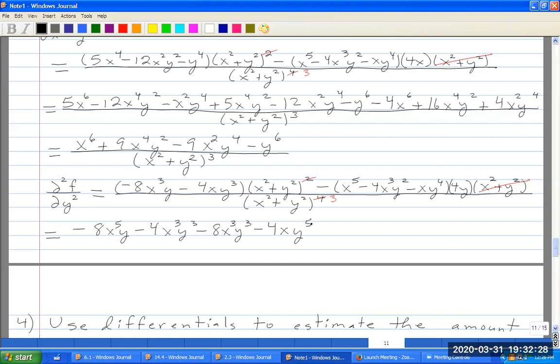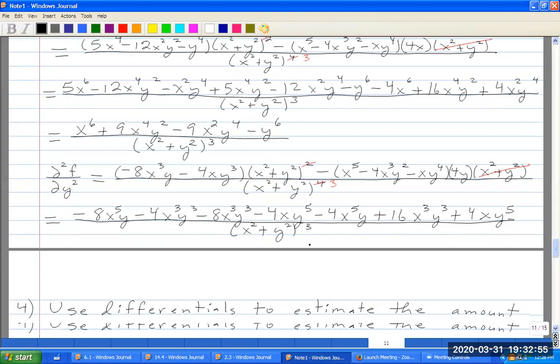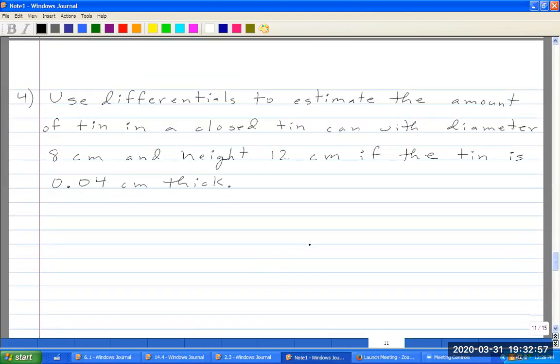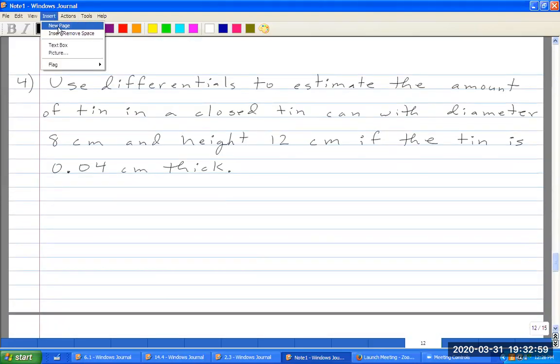Multiply everything by negative 4y, so minus 4x^5y plus 16x^3y^3 plus 4xy^5, divided by (x^2 + y^2) cubed. Okay, good. So I guess I had to actually do these computations.